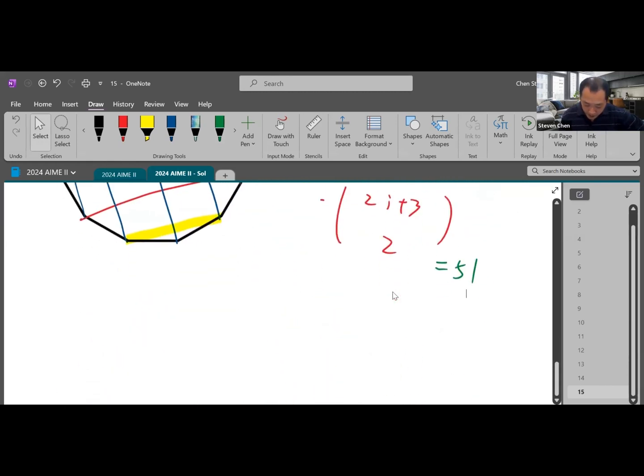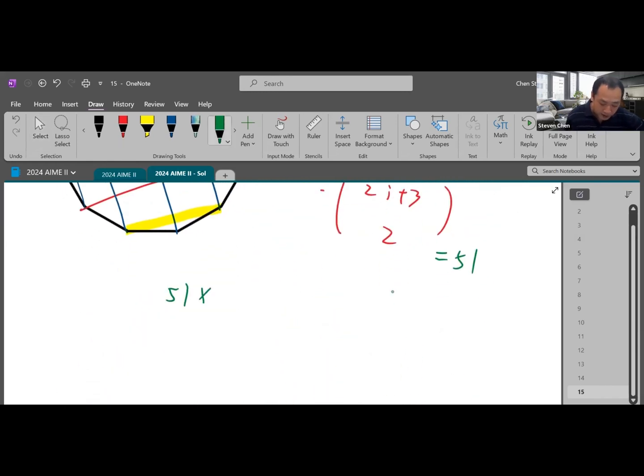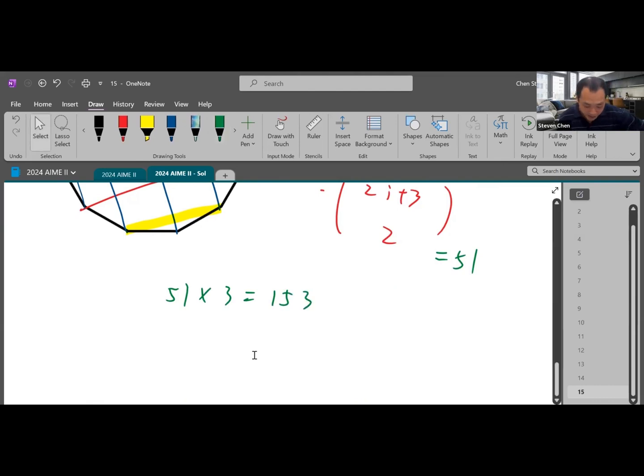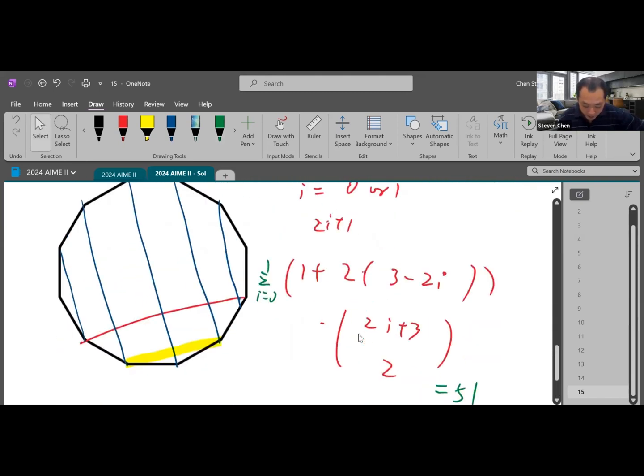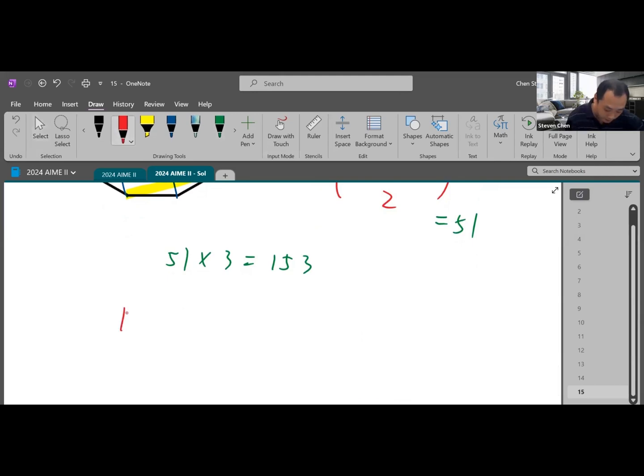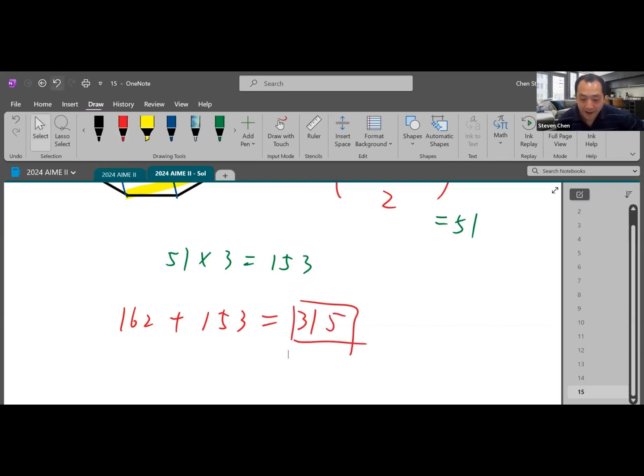So for this case, the total number of rectangles is 51 times 3, which is 153. Okay. And then we put the two cases together. Recall that in the first case, the number of rectangles is 162. In the second case it is 153. So the total number of rectangles is equal to 315.